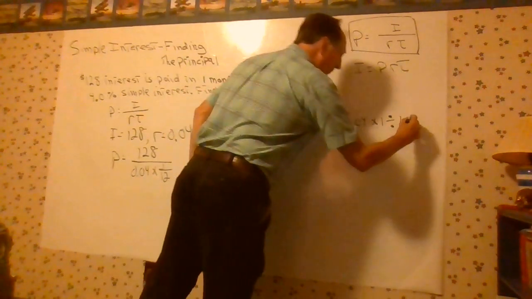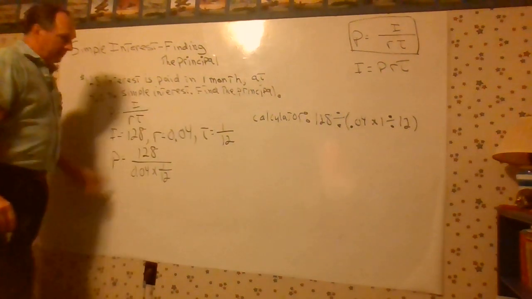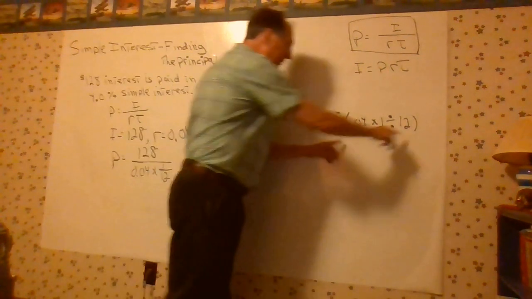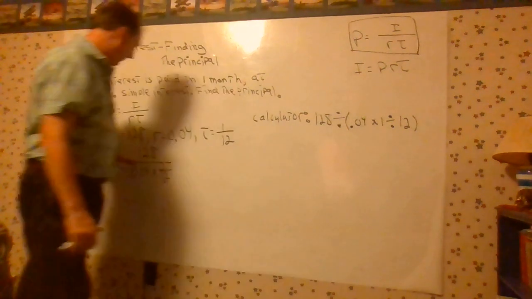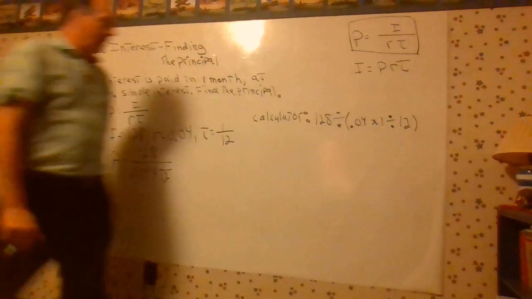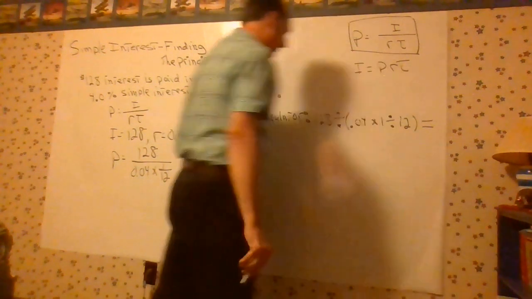And then we have to end parentheses. The parentheses tells the calculator do all these operations before we divide into 128. That's what this fraction bar says. Then we need to press the equal sign or enter, depending on your calculator.